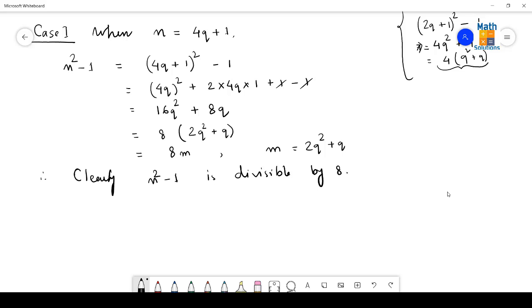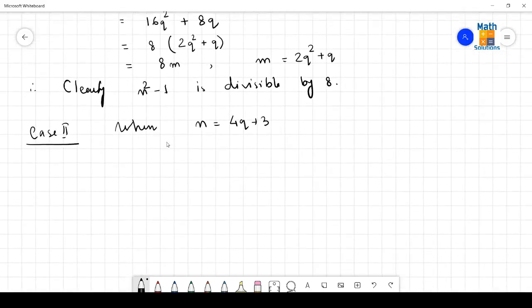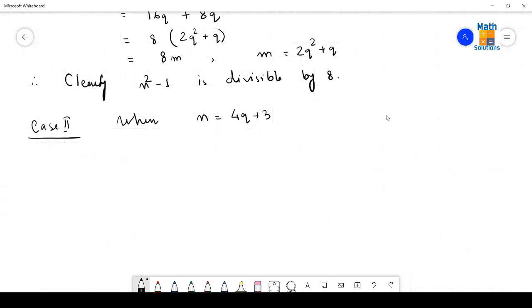So coming to case 2, in case 2 again the other case we have to consider, I mean the value n is equal to 4q plus 3. So let us check what answers we get. I have to put these things in place of n square minus 1 to show that it is divisible by 8. So in place of n I am putting 4q plus 3. It is getting squared, minus 1.